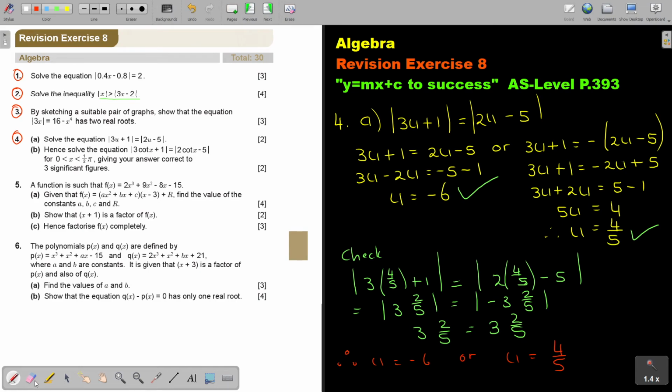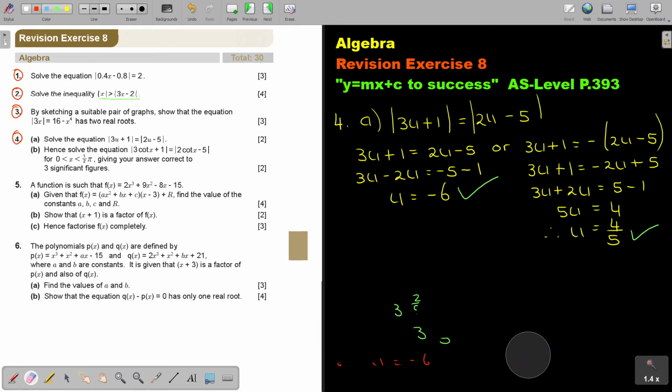But now number B. Okay, so I'm just going to clean my check because I just want to have a little bit more space. I'm going to use the answer, because as soon as they use the word hence, it means, and I said it, the answer of A must help you in B. So hence solve the equation. Now you have to compare. If I'm writing it down, start comparing. Okay.